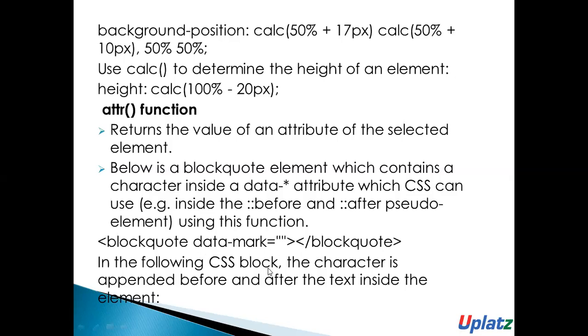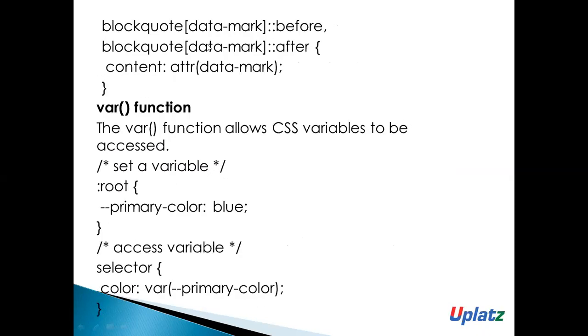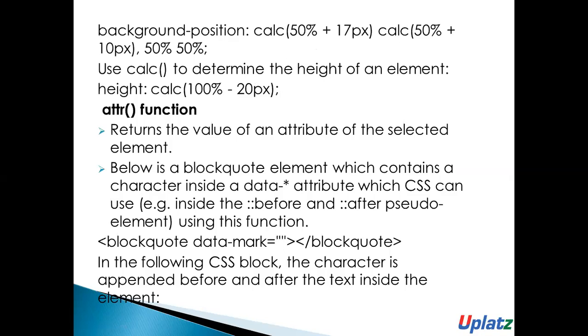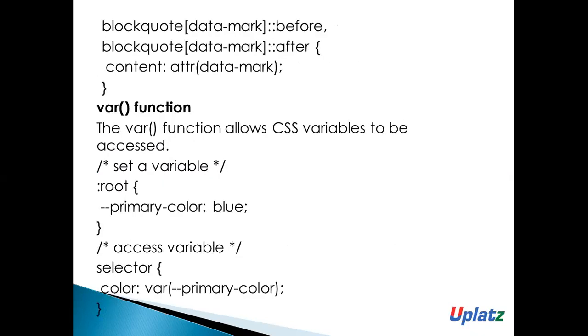In the following CSS block, the character is appended before and after. So the text inside the element would be like this: before and then after, this is the text I have appended. Finally, it will give the value of the attribute of a particular selected element in HTML5.